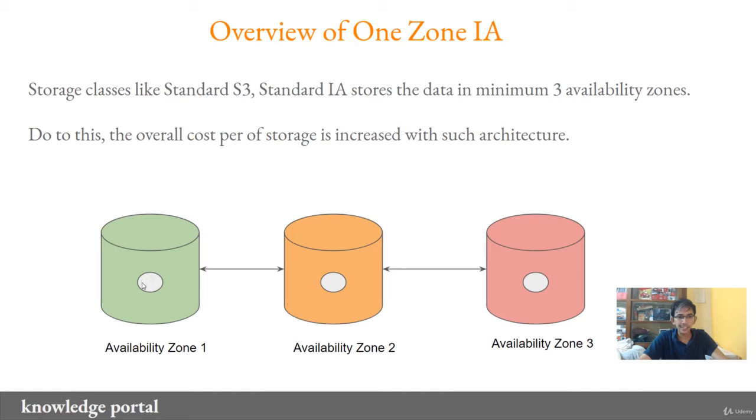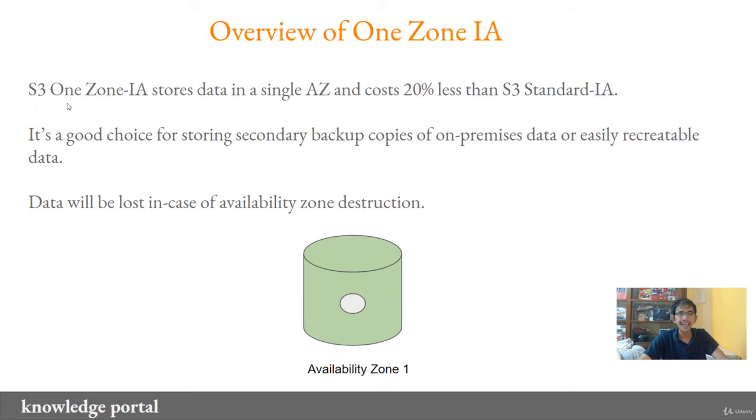So if you are storing the data across 3 availability zones, then definitely the pricing of the storage would increase. Now S3 One Zone Infrequent Access stores the data in a single availability zone, and thus it costs 20% less than the S3 Standard Infrequent Access storage class.